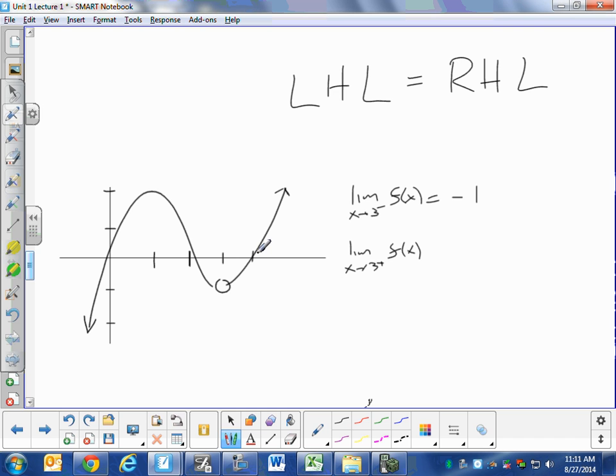From the right of 3, here are my function values to the right of 3, or my inputs to the right of 3. My function values are approaching -1 as well. So we were correct in what we said from the start, that the limit as x approaches 3 of this function is -1. Checks out.